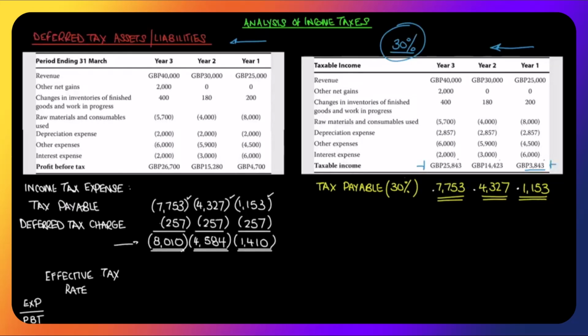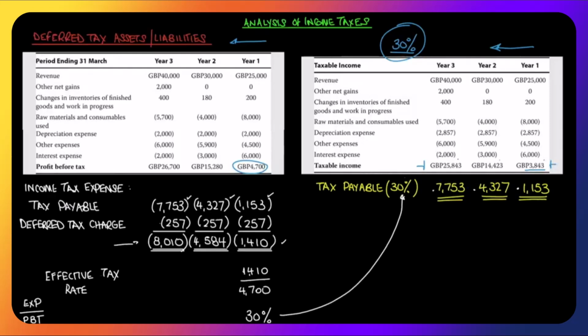Let's do year 1. We just calculated our income tax expense as 1,410. Our profit before tax, 4,700. 1,410 over 4,700. You calculate that, you get an effective rate of 30%, which just so happens to be your statutory tax rate.